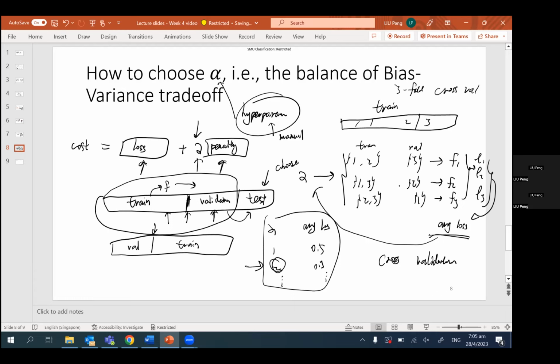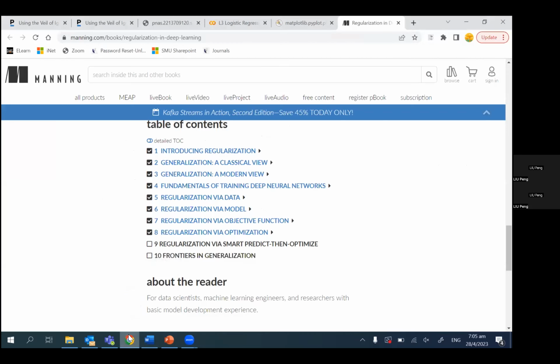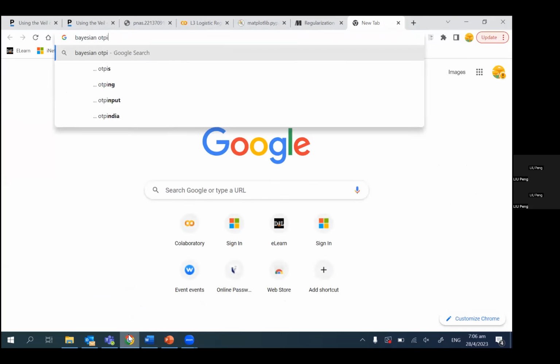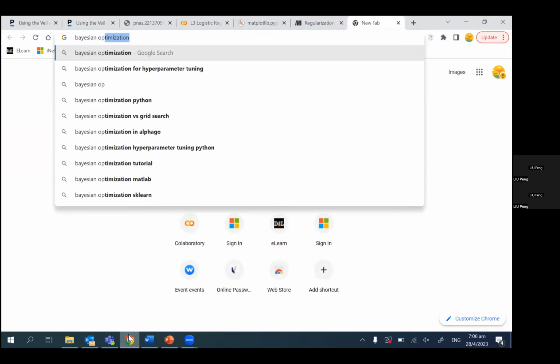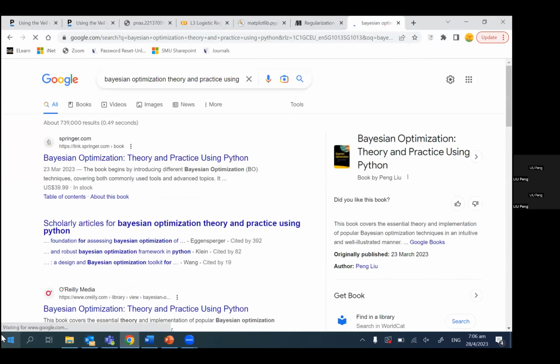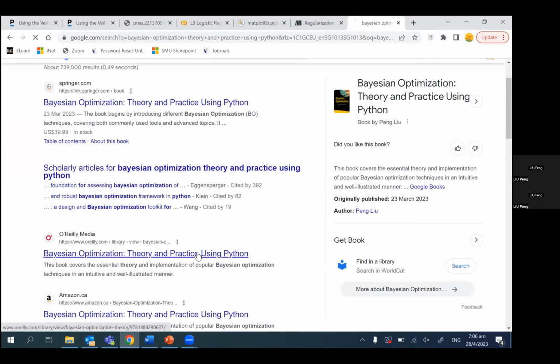Later in the course we'll have a class on how to do hyperparameter optimization, and one way to do it is called Bayesian optimization. So let me just type it out. Theory and practice. This is another book I have, which specifically touches upon hyperparameter tuning.